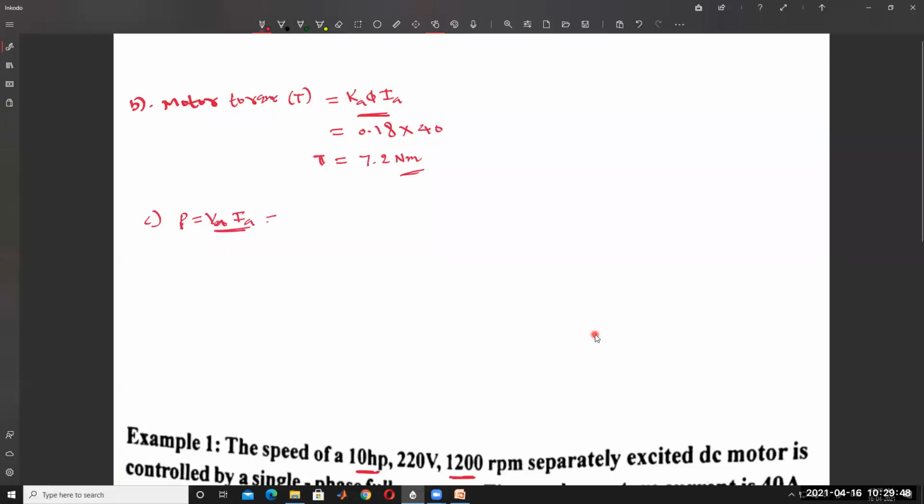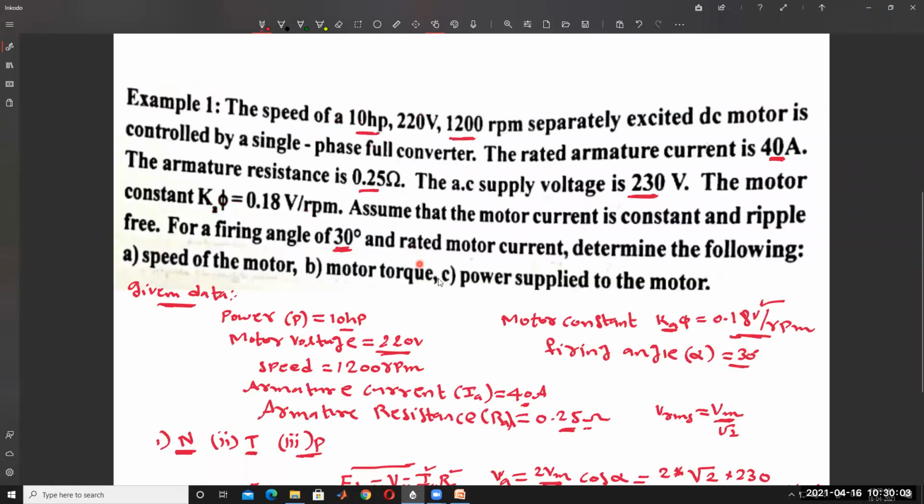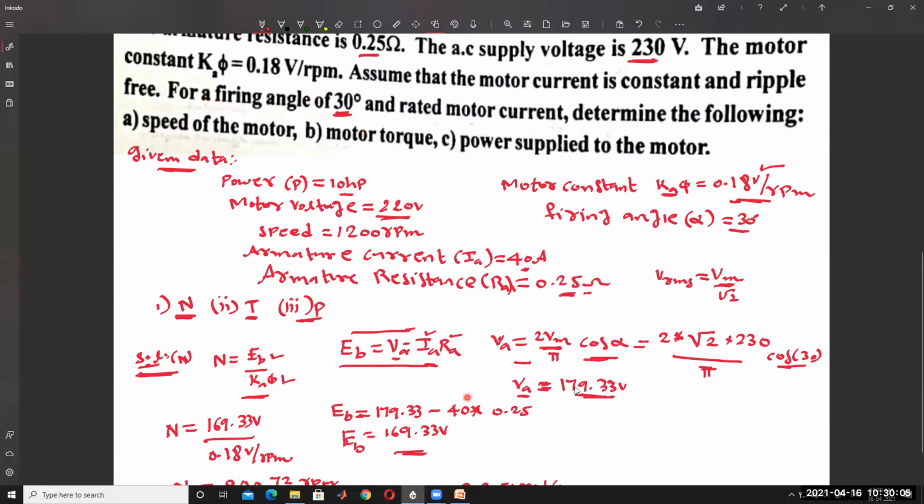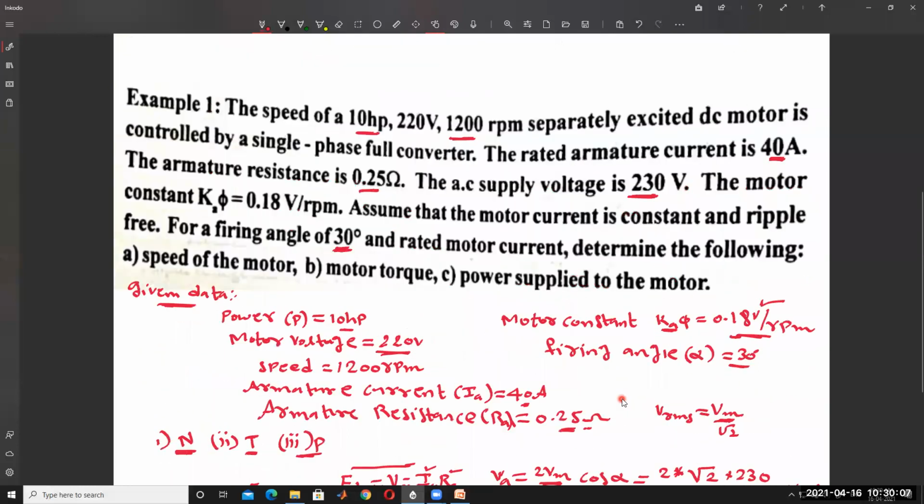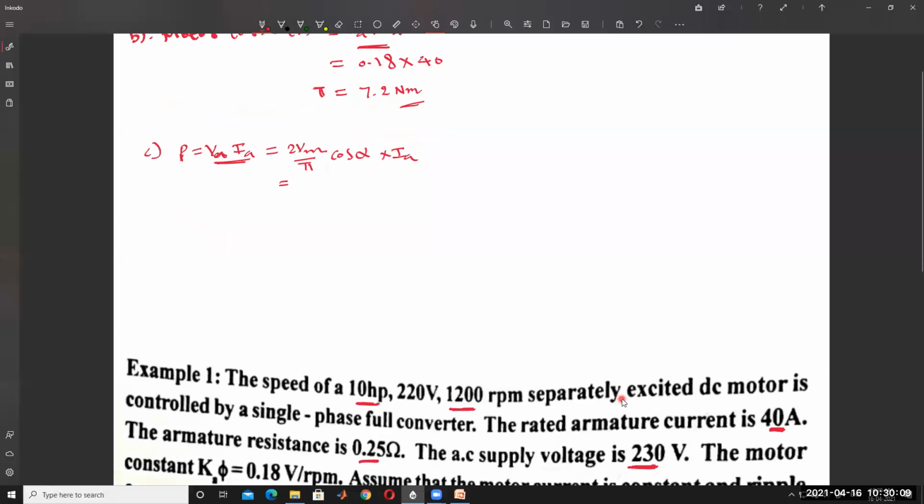VA is equal to 2 Vm by pi into cos alpha, you know well. So into IA. We already found this VA, 179.33. Substitute here, 179.33 into armature current.